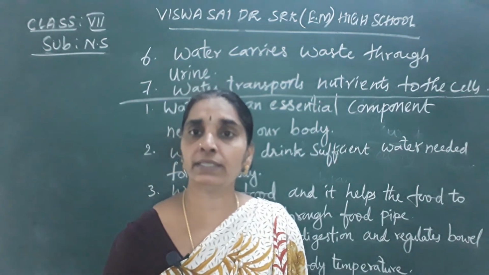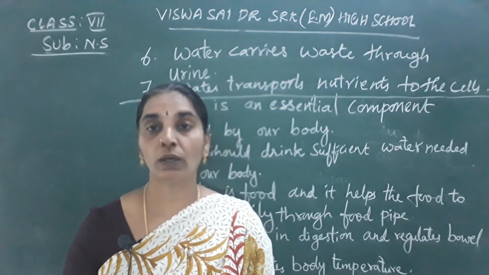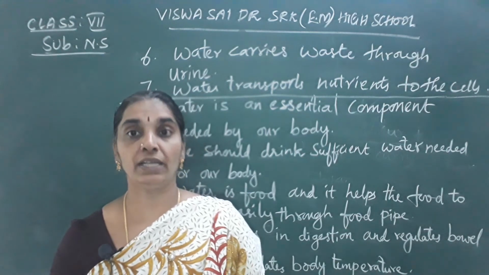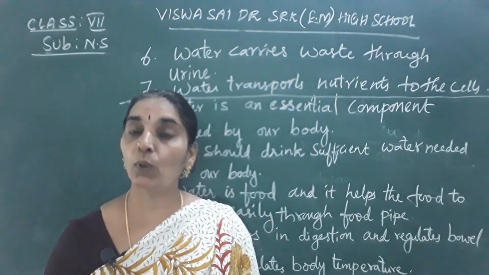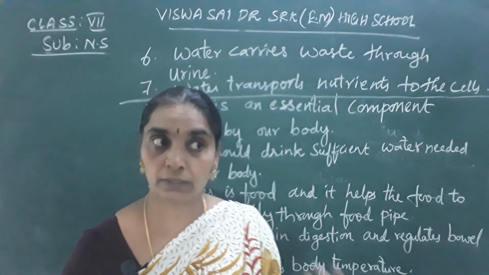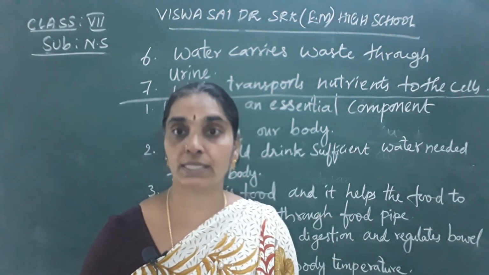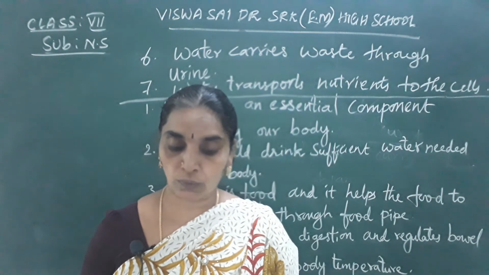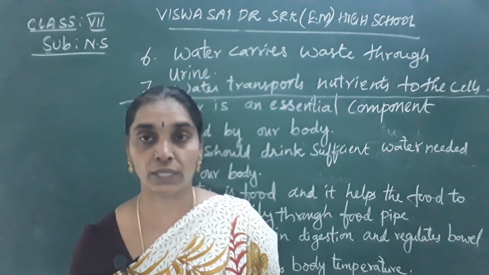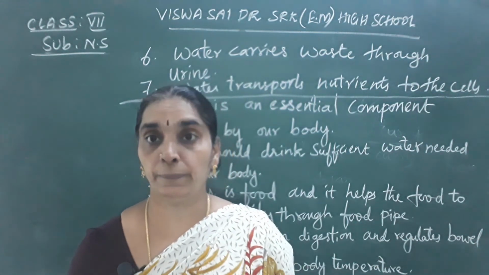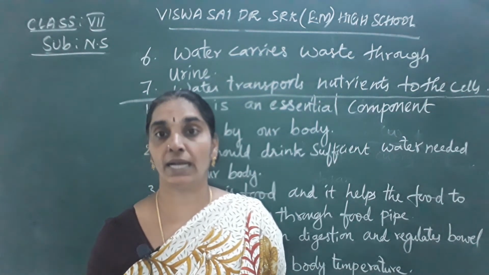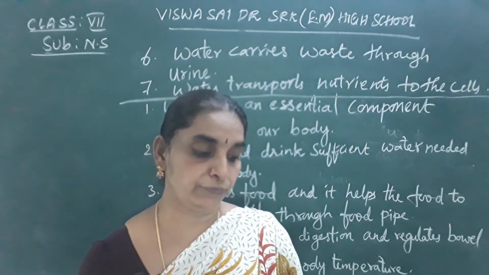Growing children, pregnant women, or people who are recovering from illness require more proteins to recover soon. The people who are suffering from different kinds of illness require more protein foods.